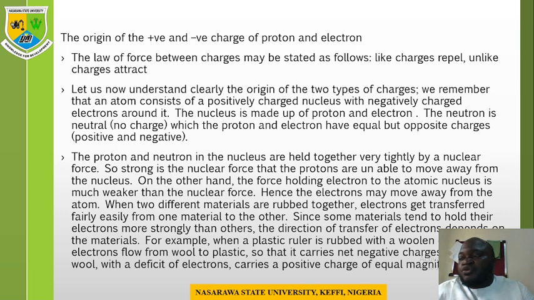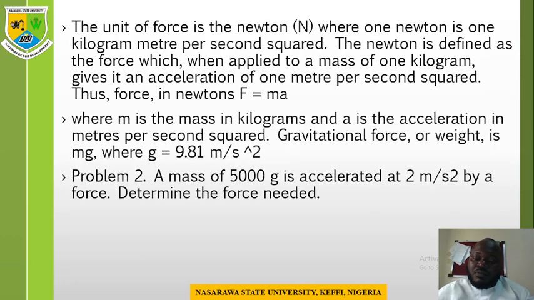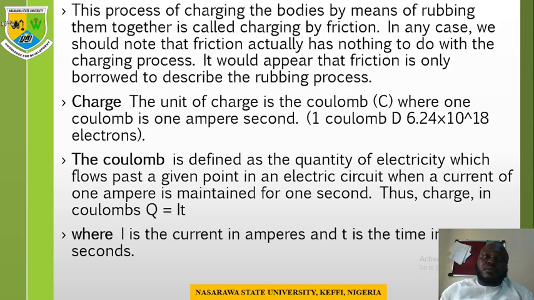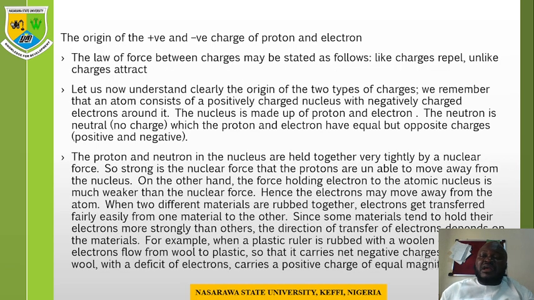And also, to make it clearer, you remember sometimes, especially for the guys, even for the ladies, if you wear one kind of clothes and pull it through your head, you feel some charges between the hair and the cloth. This is just a clearer example of charges. Are we together? These are more clear examples of these charges.